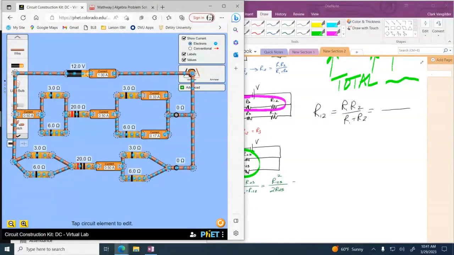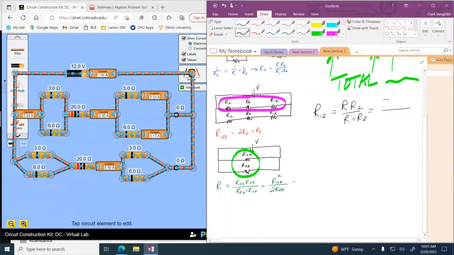And so I have 3 times 6 over 3 plus 6. So that's not terribly difficult. R12 would be equal to 2 ohms. All right.